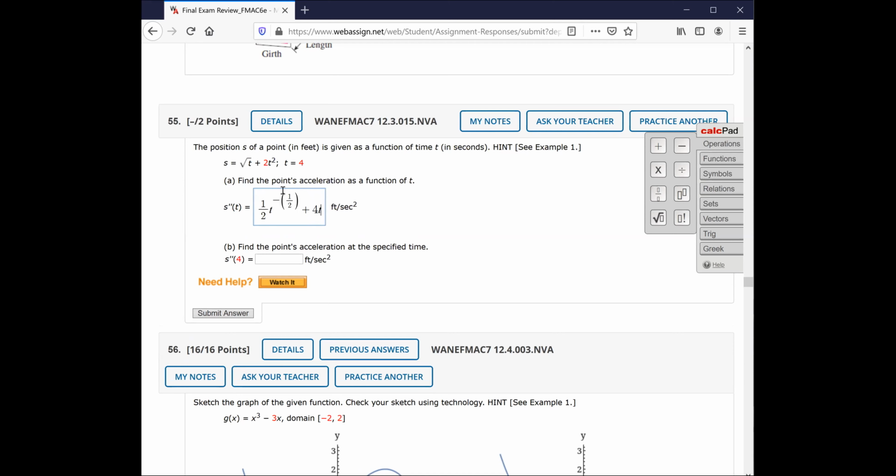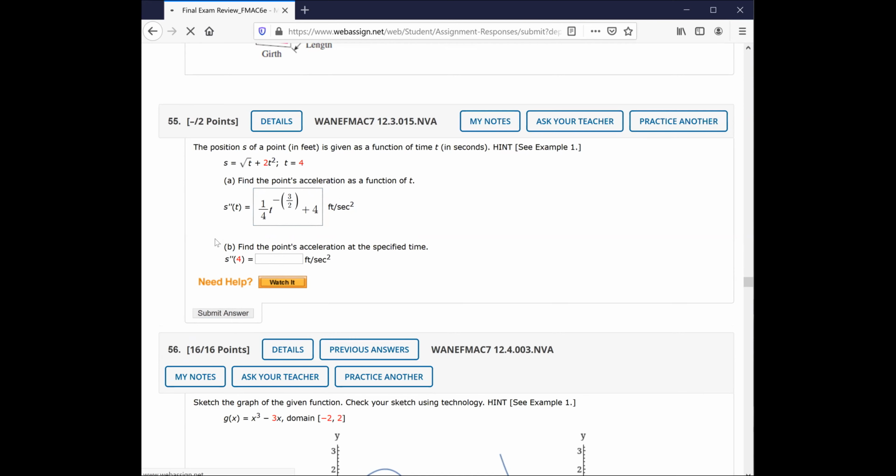So the derivative of that is minus 1/4 t to the minus 3/2. I would not encourage you to do it the way I'm doing it, but it's good enough. And then the derivative is 4. And then you just plug 4 into this. So why don't you do that? I'll submit this, and then you can give me that number.